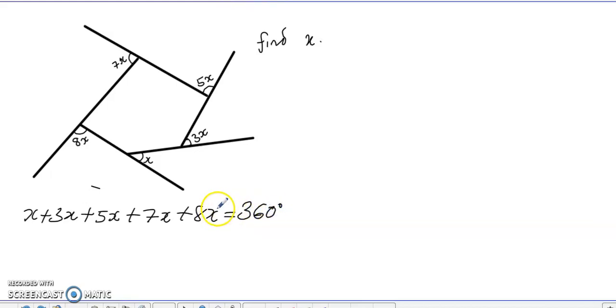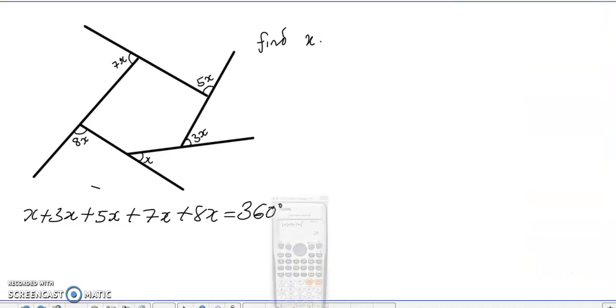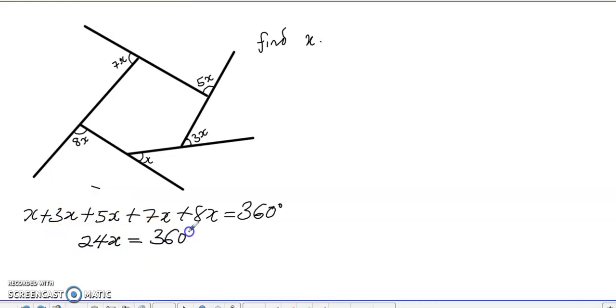If we sum that together, we have x is 1, 3x plus 3, 5x plus 5, 7x plus 7, 8x plus 8. So that gives us 24x is equal to 360 degrees.